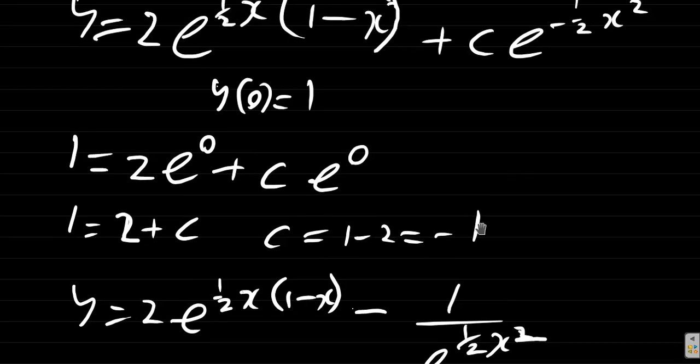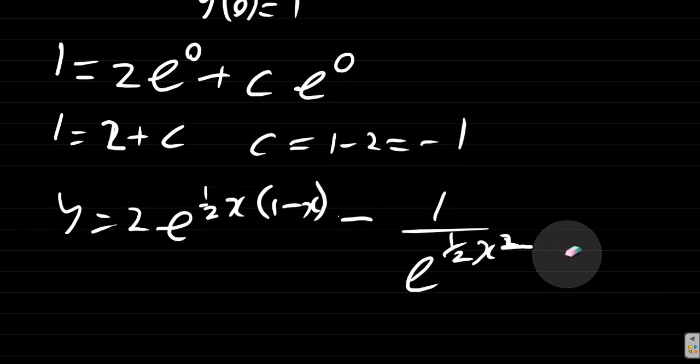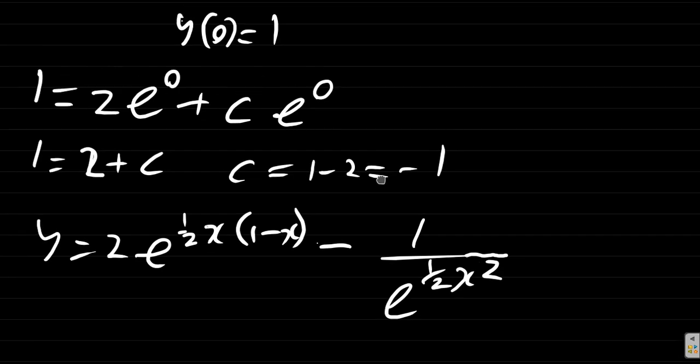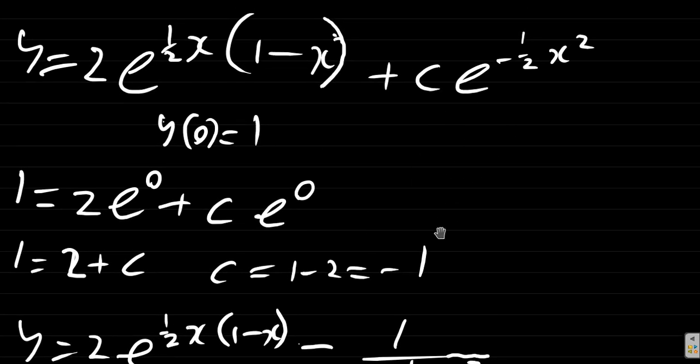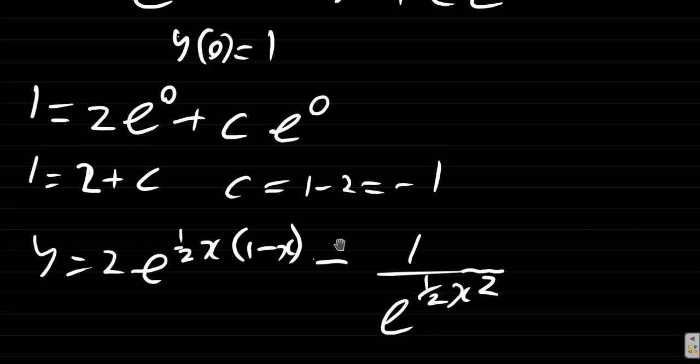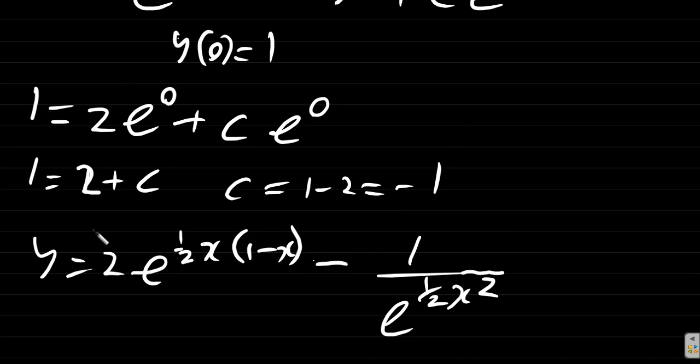Same thing if you remember your indices. Let me rewrite the 2 here. So c is negative 1, so I have a negative here, 1 over e to the half x squared.